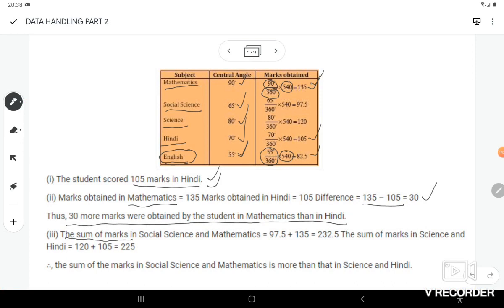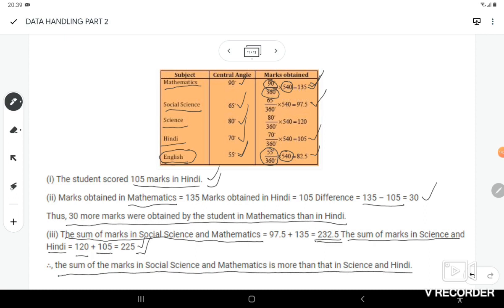So the sum of marks in social science and mathematics together is 97.5 plus 135, which gives us 232.5, and the sum of the marks scored in science and Hindi is 120 plus 105, which is 225. So therefore you can see that the sum of the marks in social science and mathematics is more than in science and Hindi.